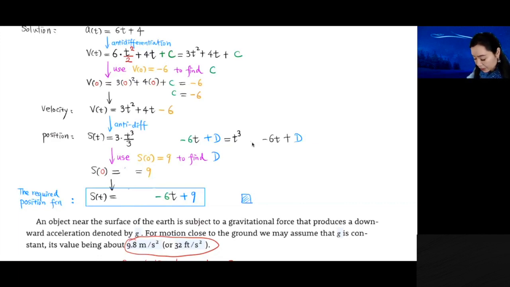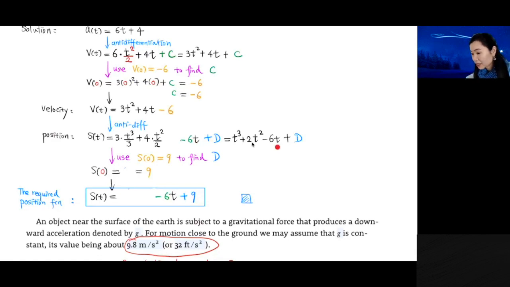And then what about 4t? The antiderivative will be 4 times t to the second power over 2, so you can just put 2t squared. And now negative 6, the antiderivative is negative 6t.